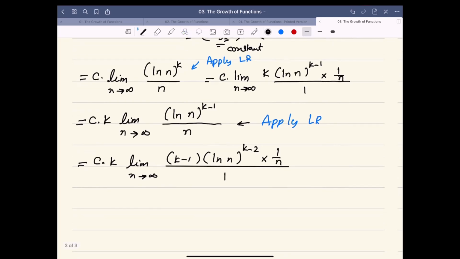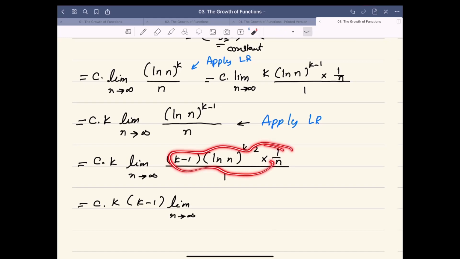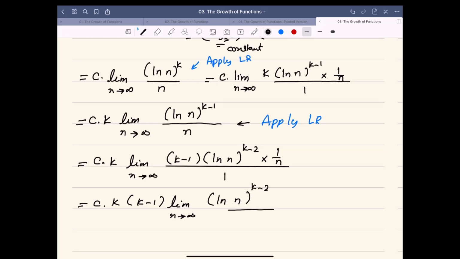Now, rearranging the equation, this is equal to c. This is a constant, so take it outside. It will be k multiplied by k minus 1, limit as n goes to infinity. Rearrange part of this equation. So this is equal to ln of n raised to power k minus 2 divided by n.